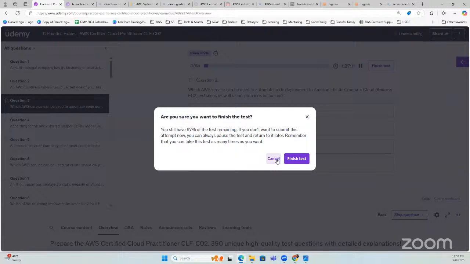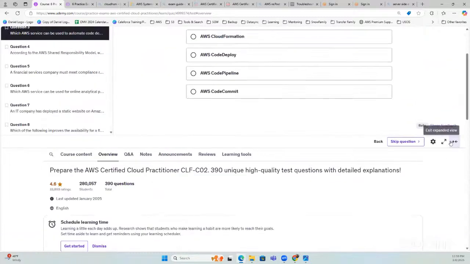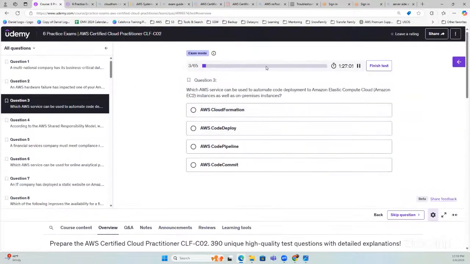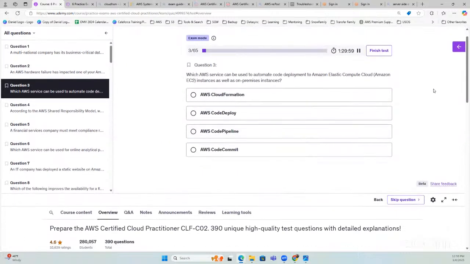Let me see. Is there any other way I can switch? I really want to switch so we can go through it one after the other and look carefully. It seems like I cannot. Let me go back to course content. Okay, it's in exam mode. Okay, so let's finish it.